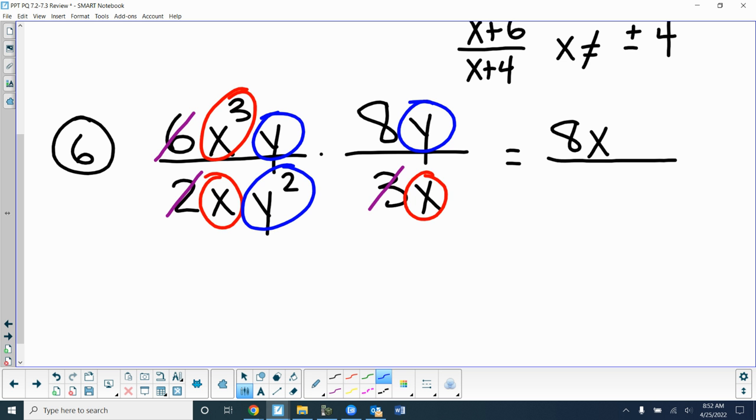So what happens to them? They cancel. So there's no y's left. So there's my answer, 8x. Now, what is x not allowed to be? 0. Right. If it's just an x with no plus or minus with it, it can't be 0. Because 3 times 0 is what? 0. Right.